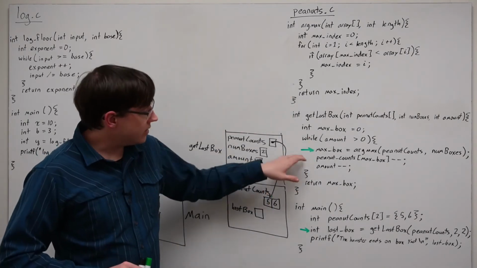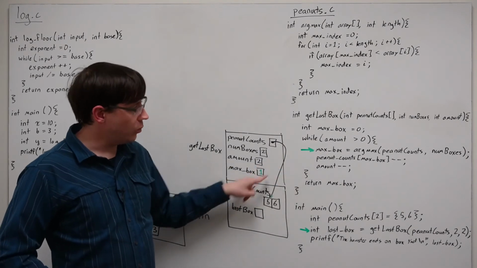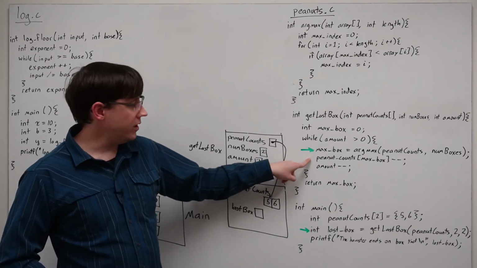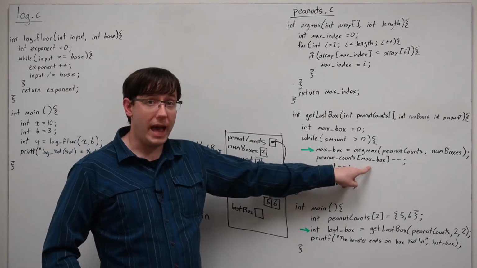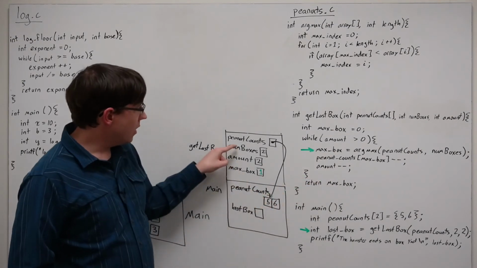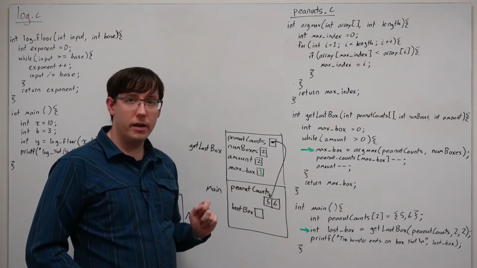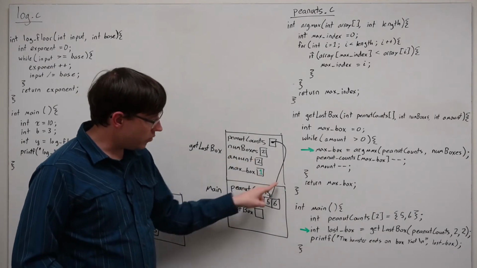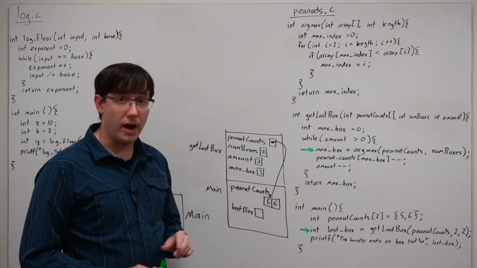And we pick up the execution of getLastBox from where we left off, saving the value 1 and proceeding to decrement peanut counts at that box and decrement amount. When we decrement peanut counts of 1, that is going to change the value that is stored in this array.